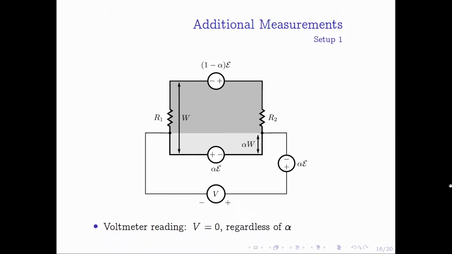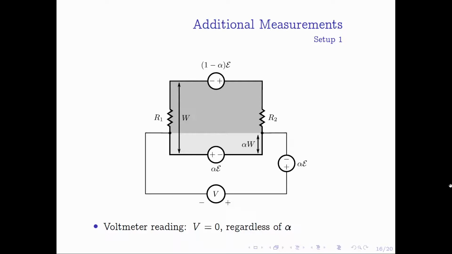In addition to Dr. Lewin's experiment, we can also try to measure the voltage across the loop in this setup. I call it setup 1. It will measure the voltage across the loop. However, the resistors are excluded from the measurement.